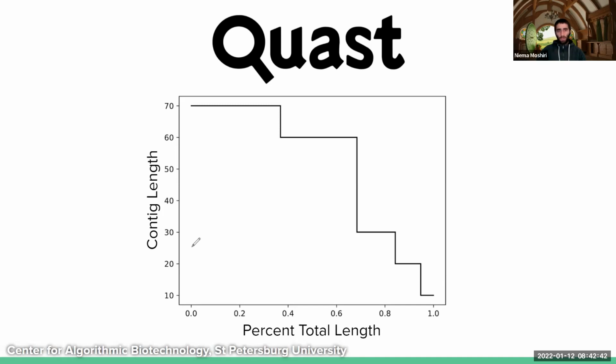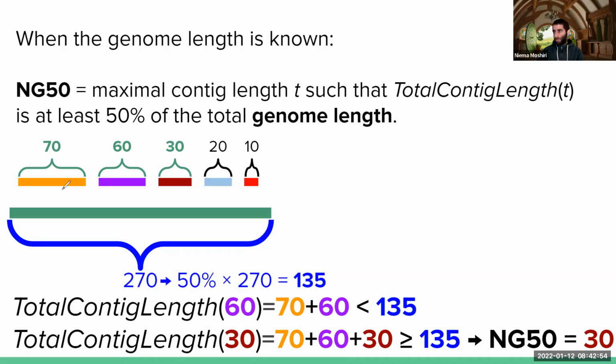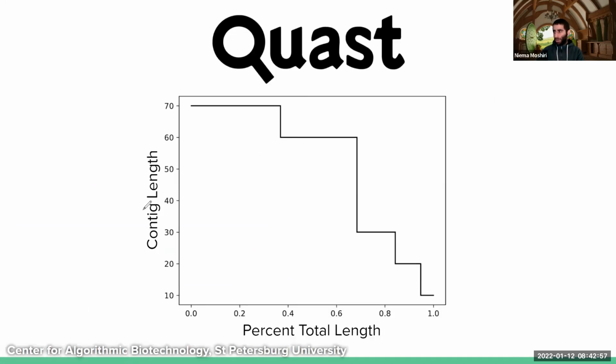One really useful thing QUAST outputs is a plot that looks like this. On this plot, I'm sorting each of the contigs in decreasing order of length, just like I did over here. Starting with the longest one, the length of that contig is the y-axis, and the percent of the total contig length I've seen so far is the horizontal axis.